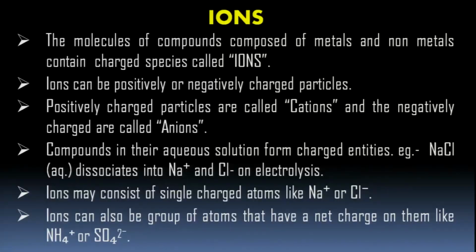Is not it? The molecules of the compounds composed of metals and non-metals contain charged species called ions. Okay, these are the charged particles. Ions can be positively or negatively charged particles. That you know. Now, positively charged particles are called cations and the negatively charged particles are known as anions.